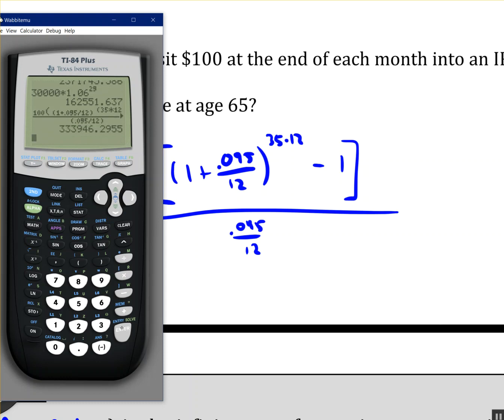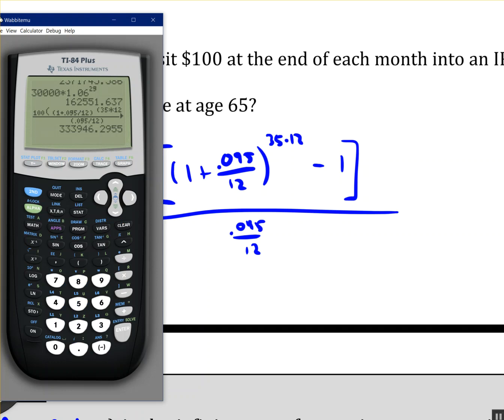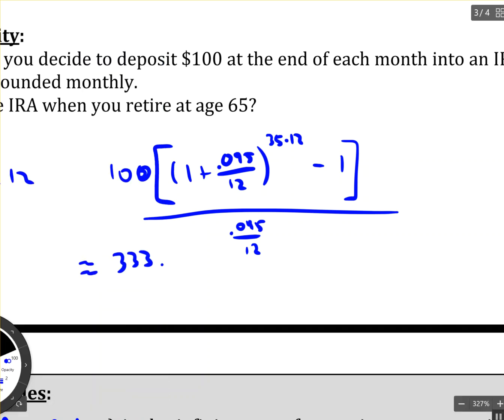So I'll end up having about 333,946 and 30 cents. 333,946.30. So that's A.